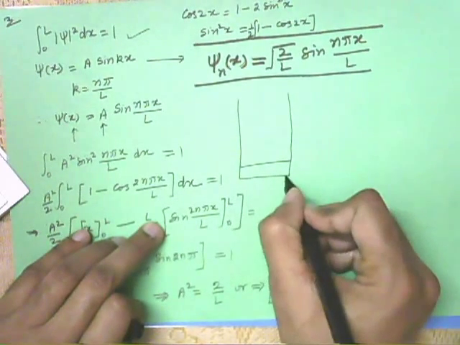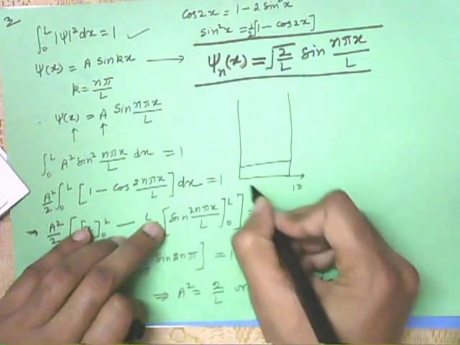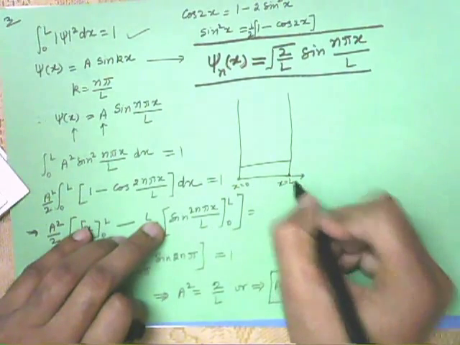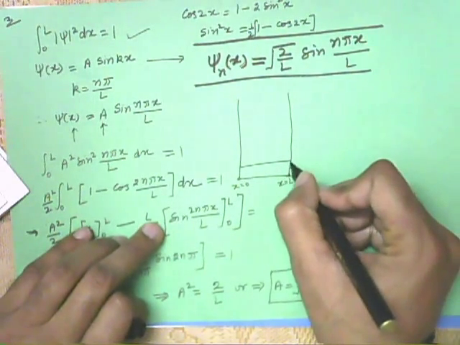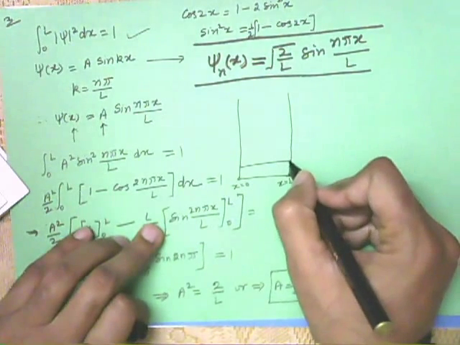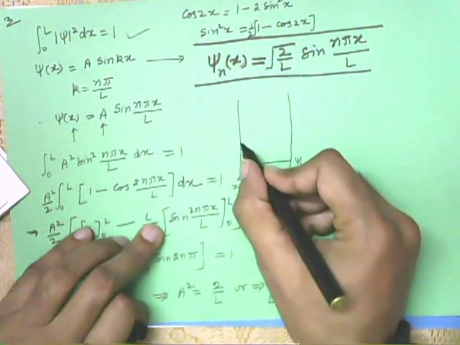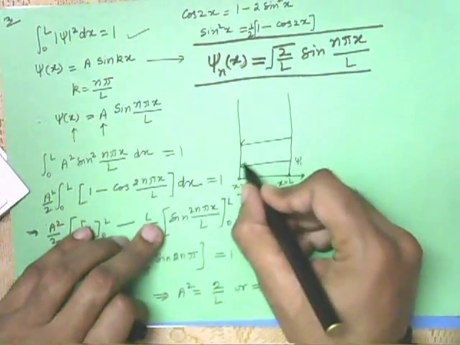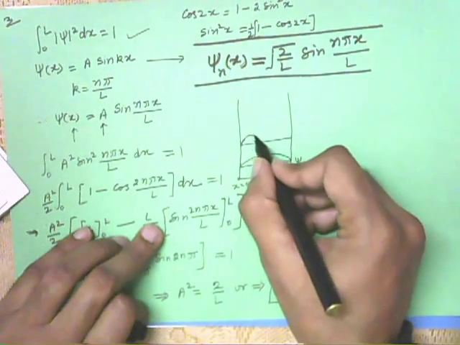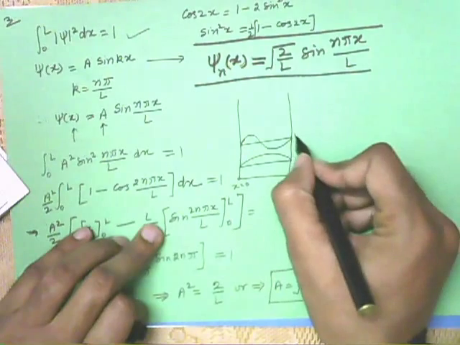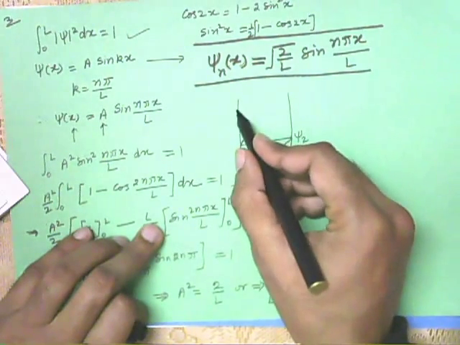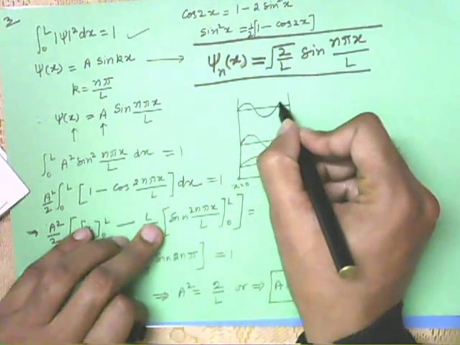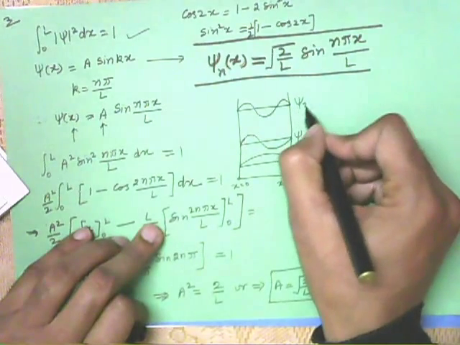This is a one dimensional box along the x-axis, x is equal to 0, and this is x is equal to L. So this is psi 1, psi 2 a little bit higher, and the next one is psi 3.